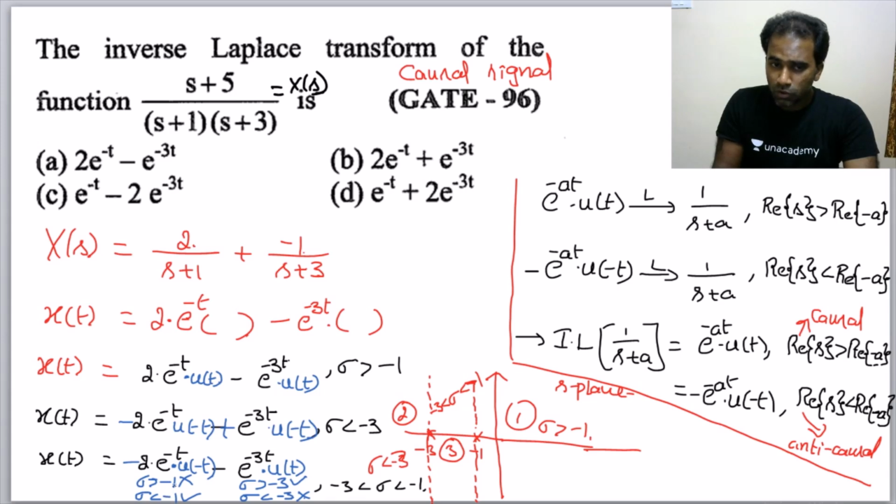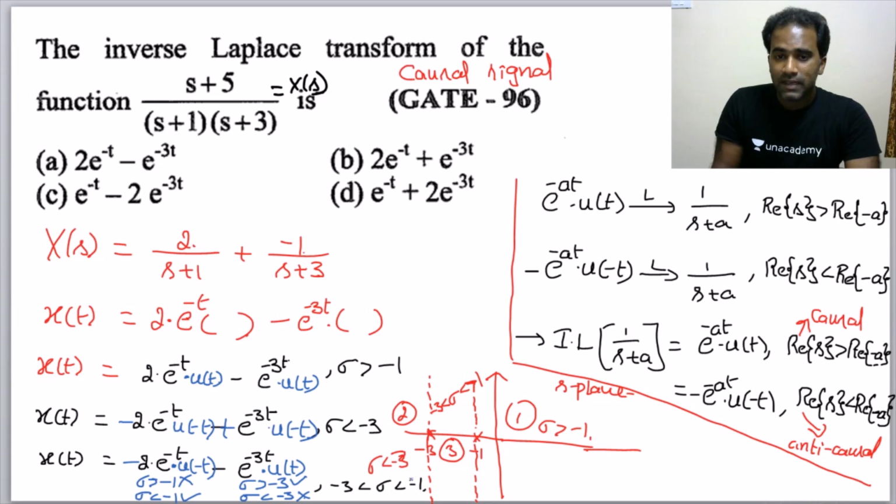Among those two, one of them will have intersection with the final ROC. Whatever ROC is having intersection with the final one is the correct ROC. Based on the ROC selected for that pole, multiply U of t or minus U of minus t accordingly. Okay, so this is the final answer.